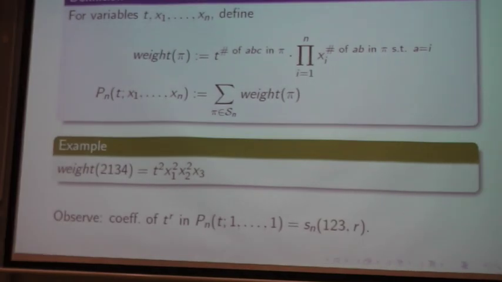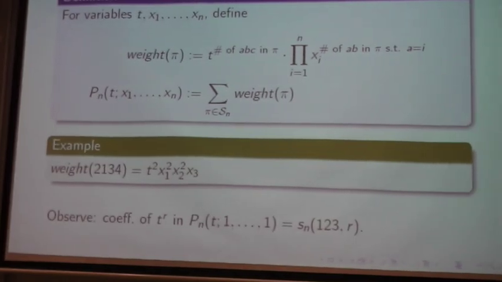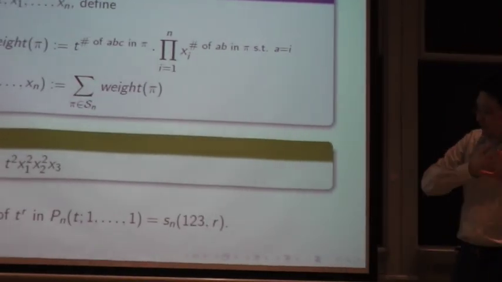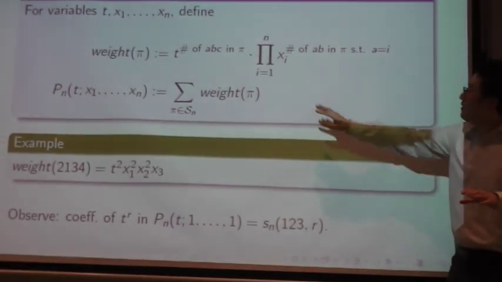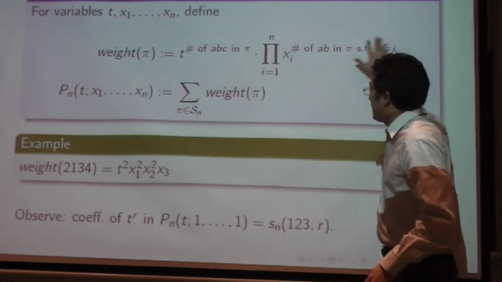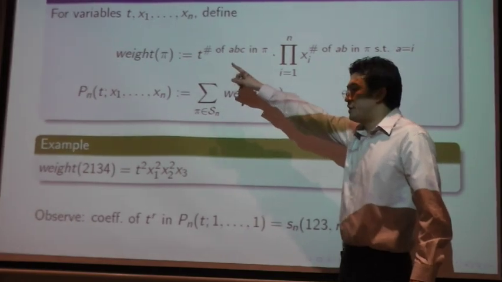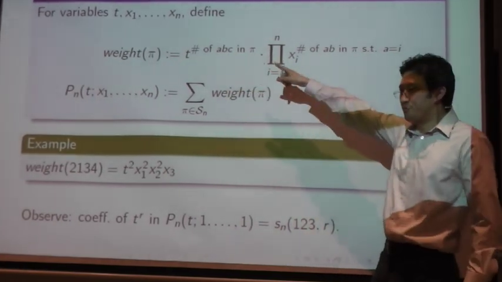And one thing to note is if I set all these catalytic variables xi equal to 1, then this portion disappears out of the weight function. So the weight is just the weighted enumeration of the number of occurrences I have of 1, 2, 3.